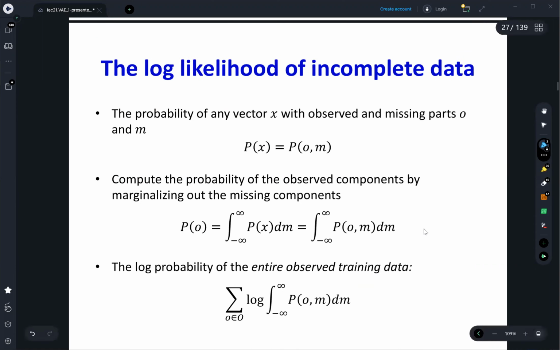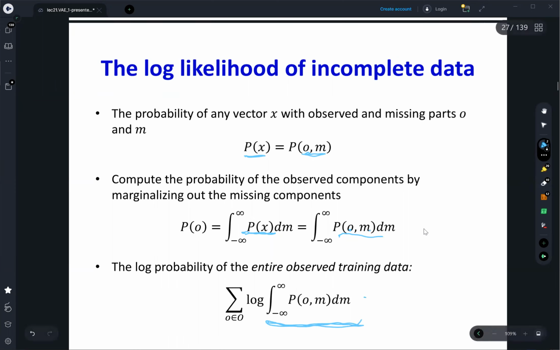And so the actual distribution that you get, P of x, which is your Gaussian, is defined on the combination of the observed and missing components. So if you want only the probability of the observed components, you have to think of the complete data as a combination of the observed and missing components, and integrate out the missing components from the distribution.